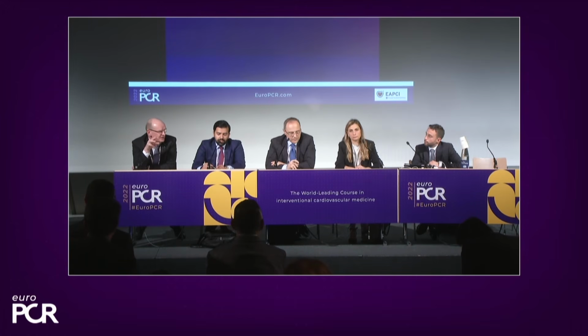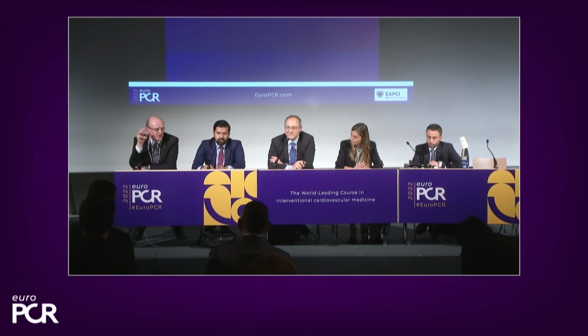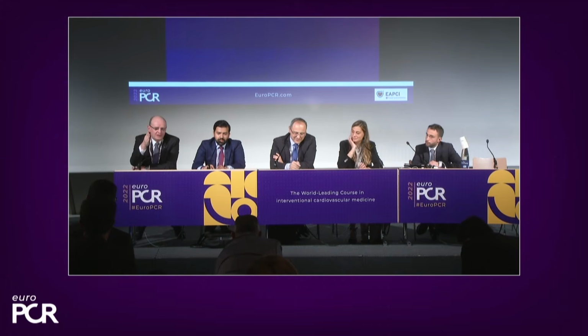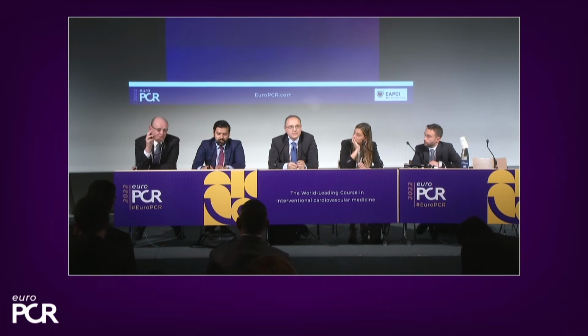To be honest, when we look at the data for DK crush, its great strength and its great weakness is that it is prescriptive. You do this, you do this, you do this, but you will always have to put 2 stents in. You have a clear recipe and you follow the recipe, and if you do enough of them, you get good at it. With provisional, it is a layered approach, and many times, 80% in the left main, you get away with 1 stent. And that 1 stent, properly deployed, is the safest outcome.